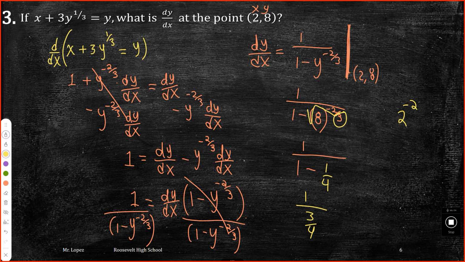No, that's fine. We did that 1 minus already. What's 1 divided by 3/4? Is it 4 over 3? Yeah, 4 over 3. So it's 4/3.